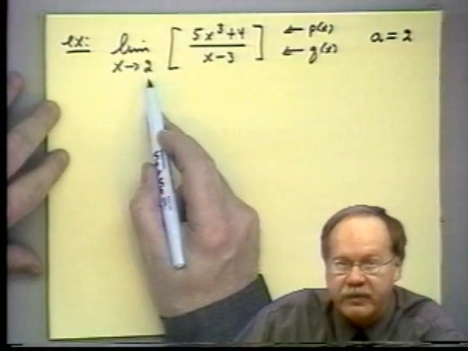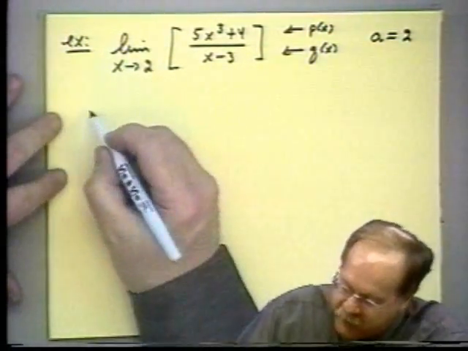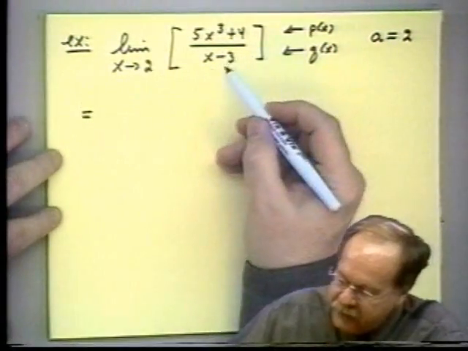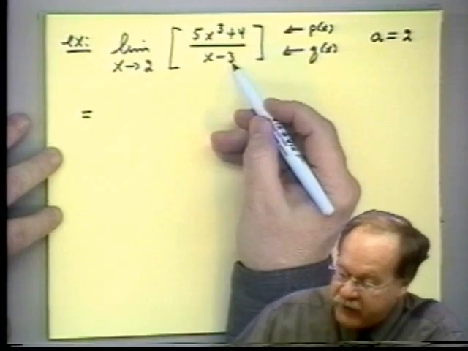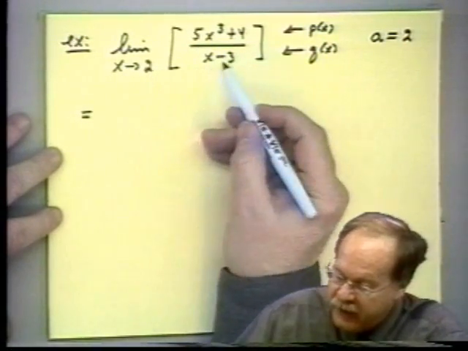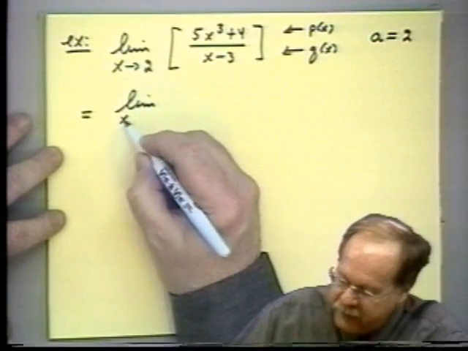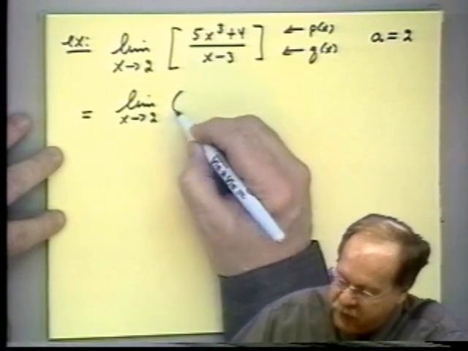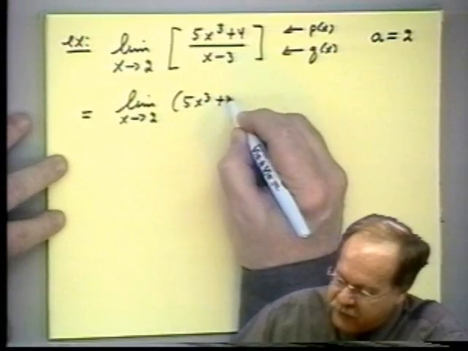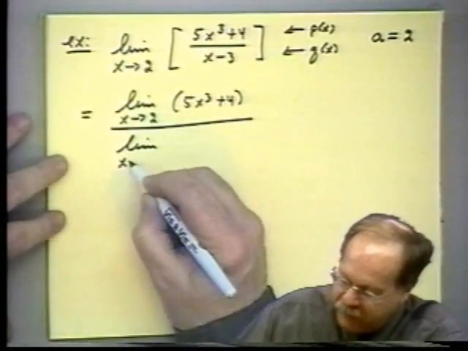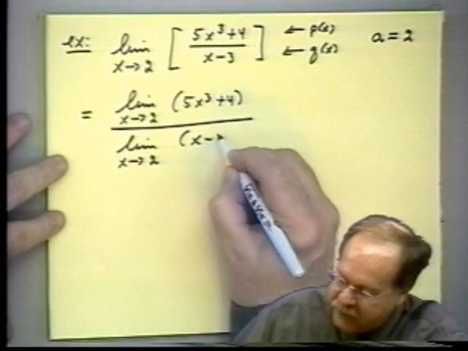That is the letter that x is approaching. Now, how does one actually compute this? Well, this is a limit of a quotient, and provided the denominator does not go to 0, and of course as x goes to 2, it doesn't look like this is going to go to 0, we'll find out in a moment. The limit as x approaches 2 of 5x cubed plus 4, we take the limit of the top over the limit of the bottom, limit as x approaches 2 of x minus 3.